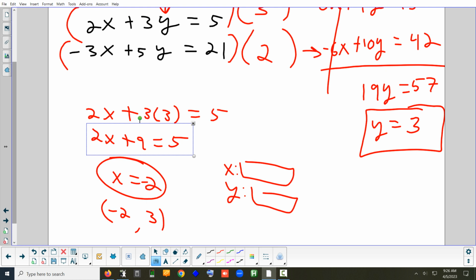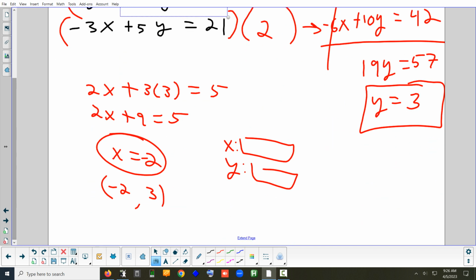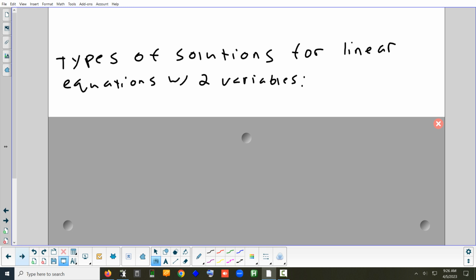So now think about these as pictures. If you drew this one on the calculator and you drew this one on the calculator, what would be happening at the point negative 2, 3? If you drew those two lines, they'd be crossing. So there's 3 different things that can happen if you draw 2 lines.